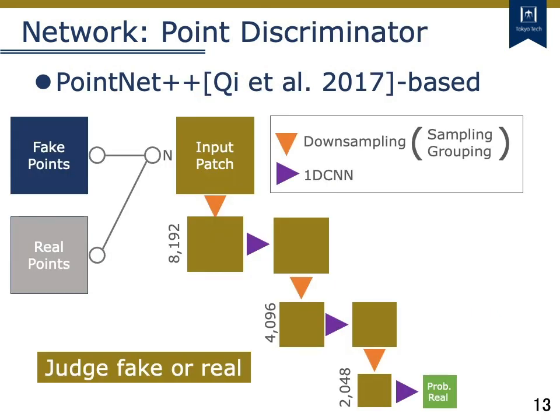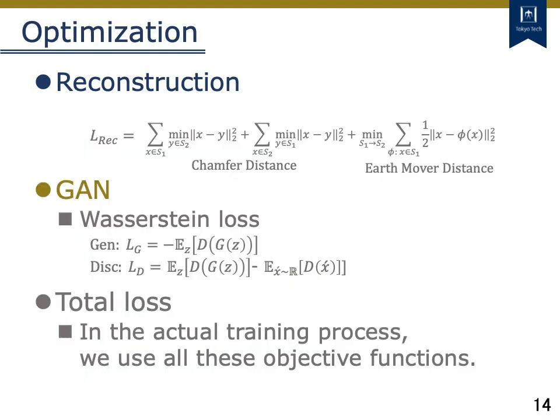Next, I will explain the point discriminator. The point discriminator is based on PointNet++, and is fed with fake data created by the generator or real data. Point discriminator judges whether the input data is real or fake. Here, I will introduce the optimization of our network. In the optimization process, we use 2 types of loss function according to reconstruction and GAN.